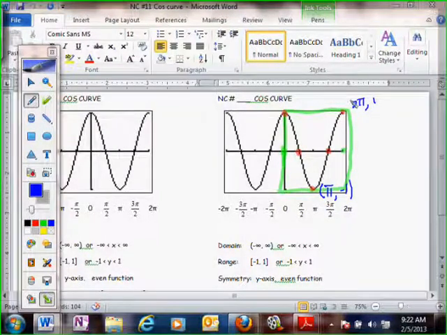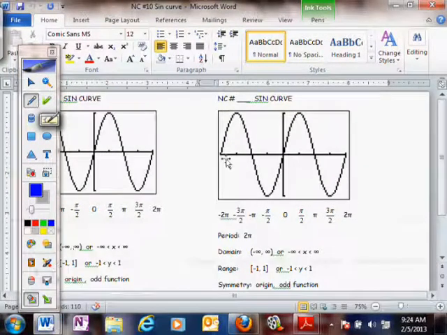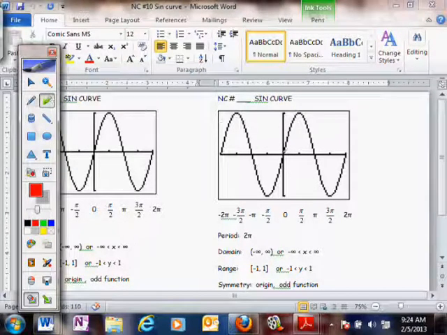And that's what you would have to start with before you would do any transformation or graph any other variation of sine or cosine. Let me go back really quick and show you how we would sketch sine. Again, for sketching purposes, I'm only going to be interested in the positive x or theta axis here.